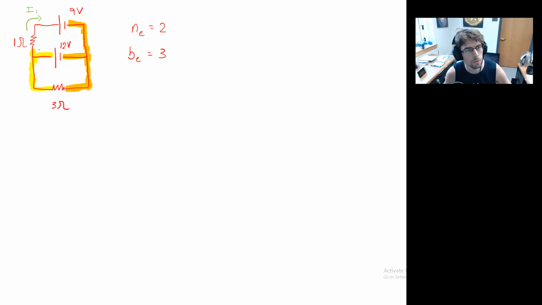I'll call this one I2, the center branch. And for kicks, we'll call this one I3. And again, it's always good to label these on your figure itself.